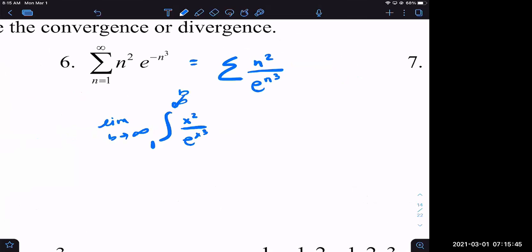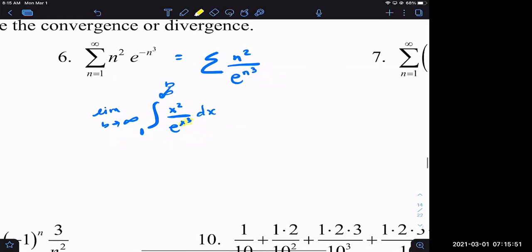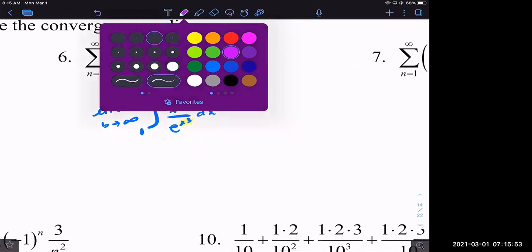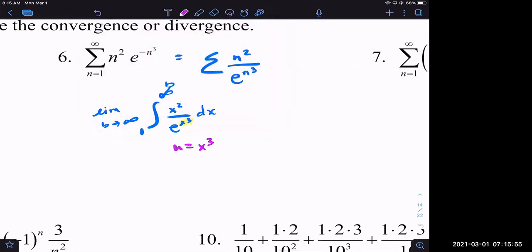The reason the integral test stands out to me is because if I let u equal x cubed, what's du? 3x squared. So that numerator is the derivative of that inside piece. So I put a 3 on the inside and I take a 1/3 out in front.